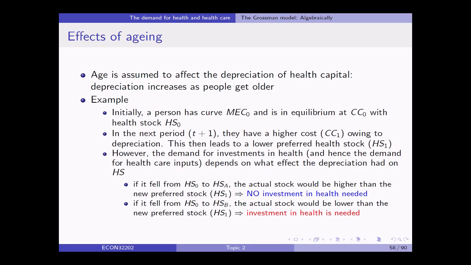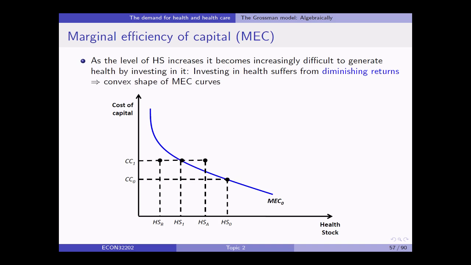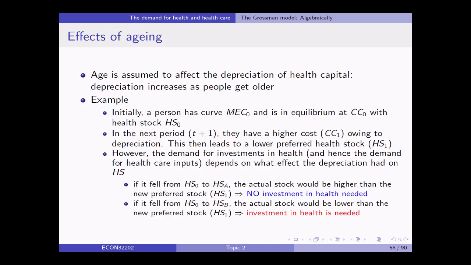So talked a lot about aging, and essentially age is assumed to affect delta, the depreciation of health capital. So the rate of depreciation gets bigger, it increases as people get older. And essentially, if you look at these examples here, so initially a person has this MEC 0 curve, and it's an equilibrium at 0, 0.